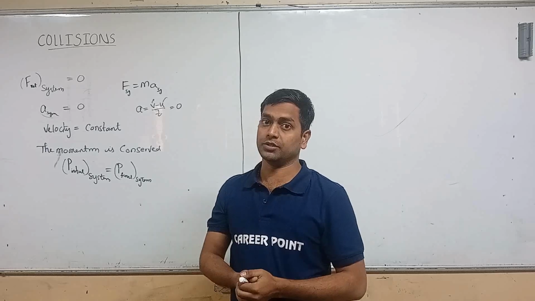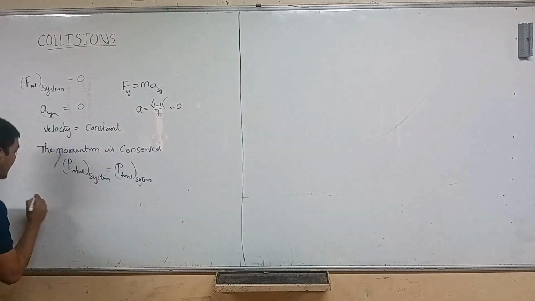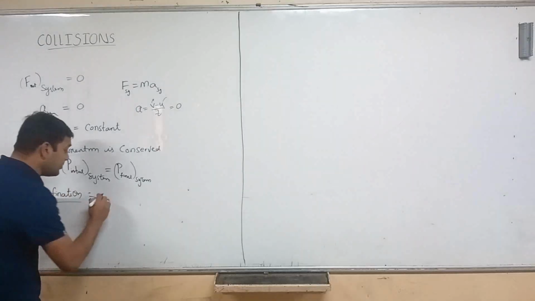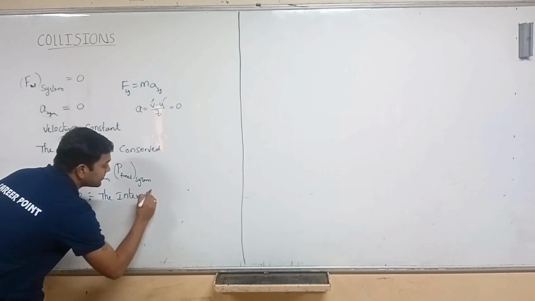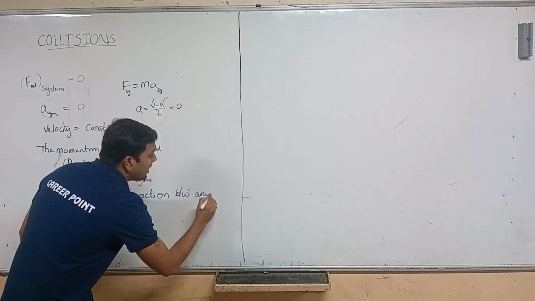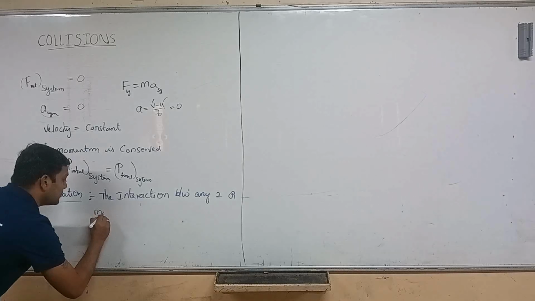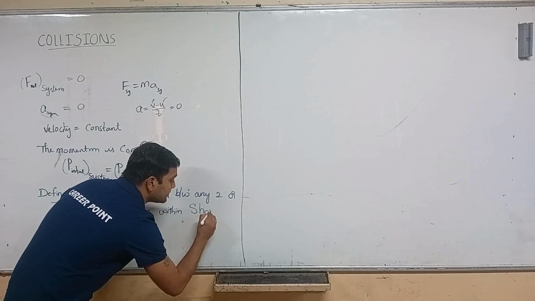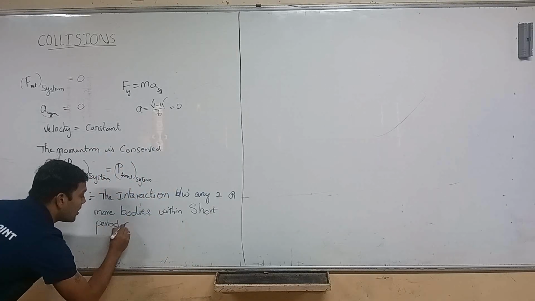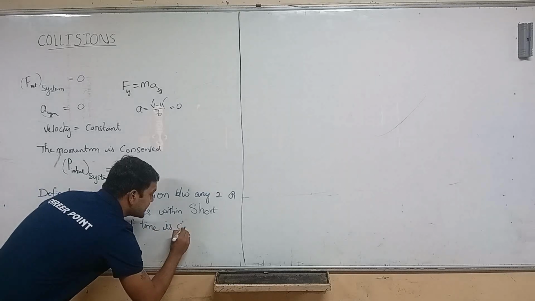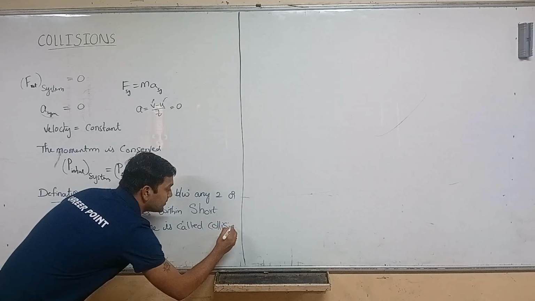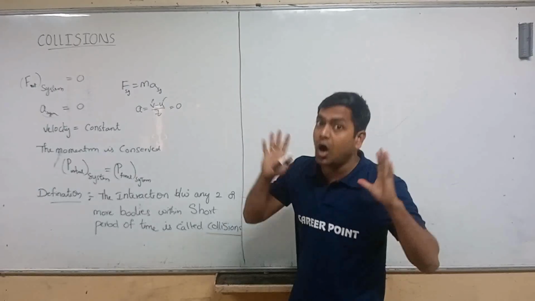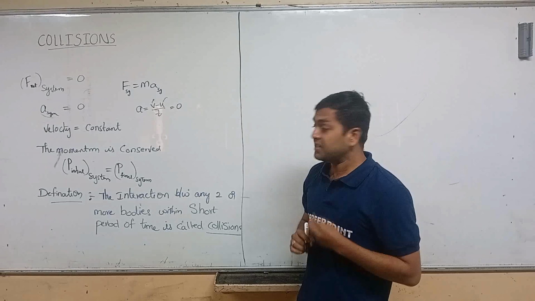So the basic definition of collision is the interaction between any two or more bodies within a short period of time. That short period of time interaction is called a collision.